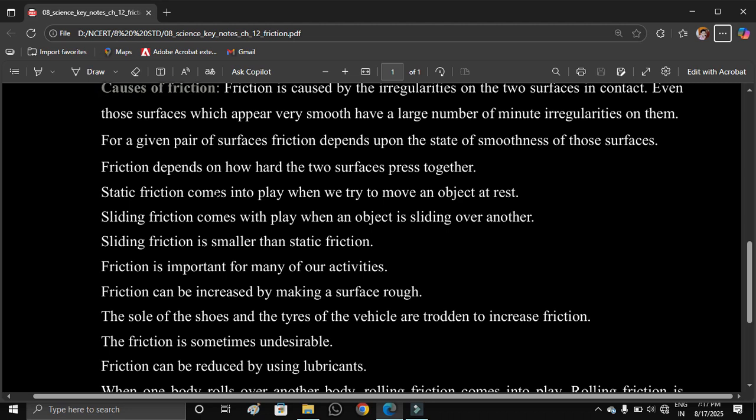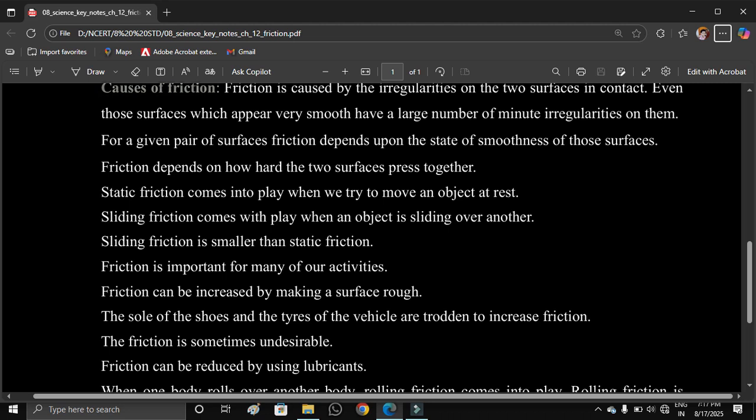Static friction comes into play when we try to move an object at rest. Sliding friction comes into play when an object is sliding over another. Sliding friction is smaller than static friction. Friction is important for many of our activities.